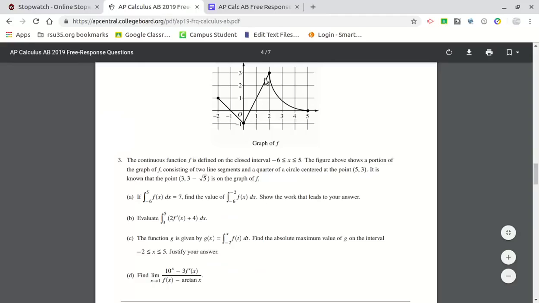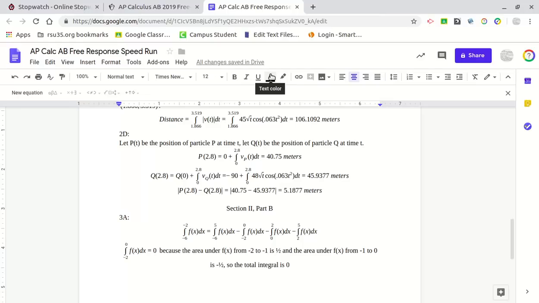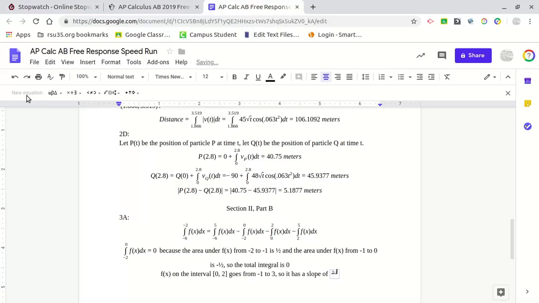It's from 0 to 2. It's probably easiest if I find, no, I don't want to do that actually. Actually, I do. What's the equation of this line? It goes from 0, negative 1 to 2, 3. So f of x on the interval 0 to 2 goes from negative 1 to 3, so it has a slope of 3 minus negative 1 over 2 minus 0.